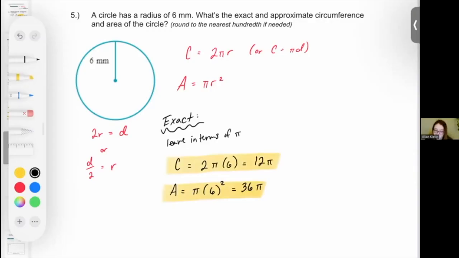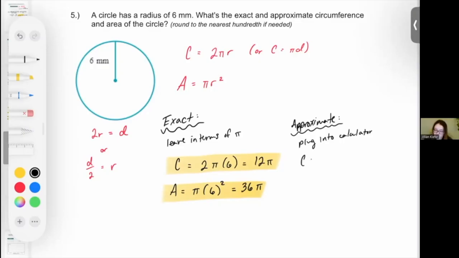Now, approximate means we are going to actually plug this into our calculator and solve. So approximate values are what we actually plug into calculators.